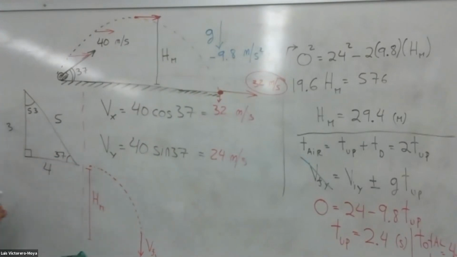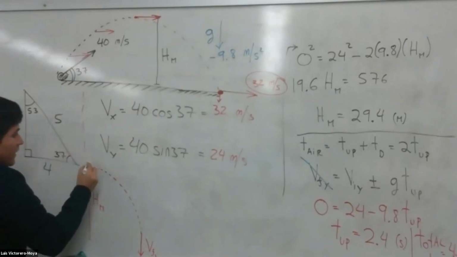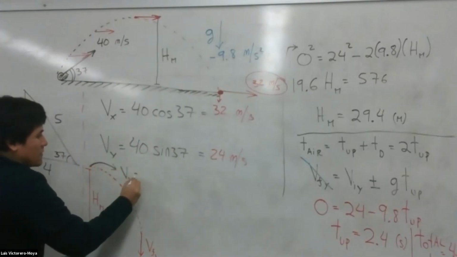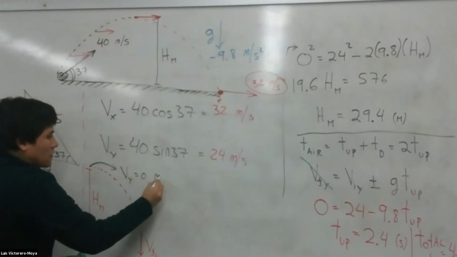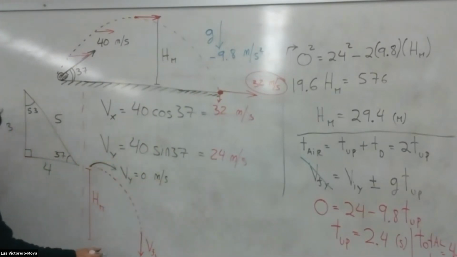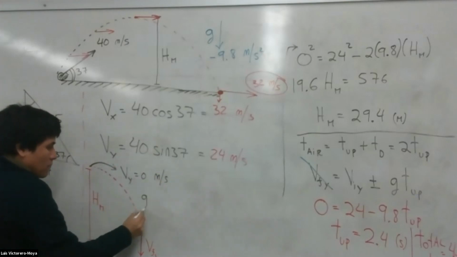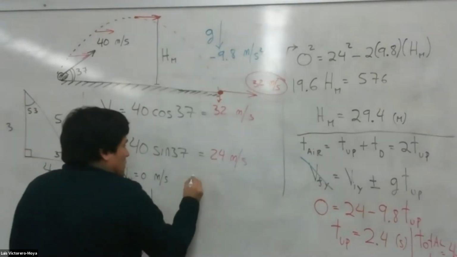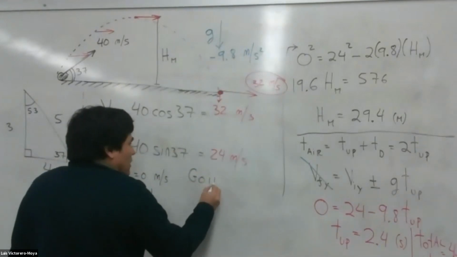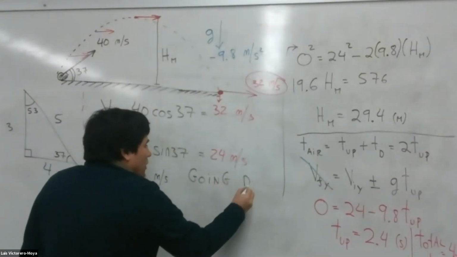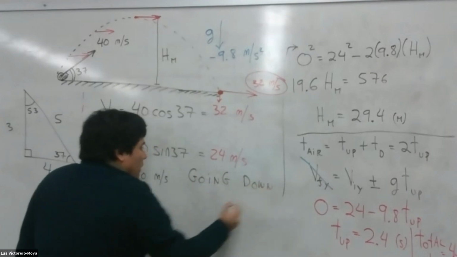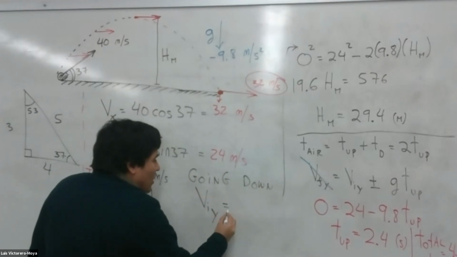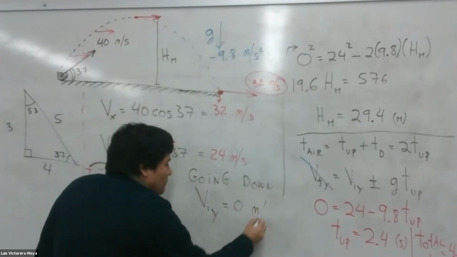What is the velocity at the maximum height vertically? Here, dy is 0. Now we're going down. So on the motion going down, I'm gonna highlight this here, going down, the V initial on Y is now 0 meters per second.